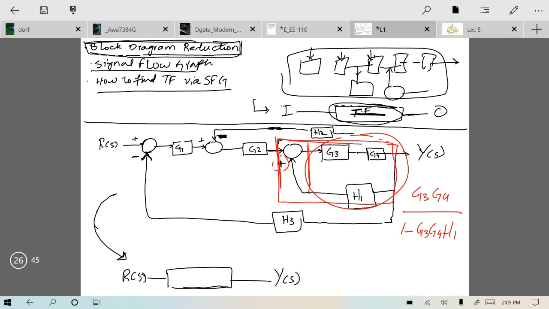Let me try to redraw it on the next page. So our new block diagram would become R of S, plus, minus, G1, then we have a summing block over here.